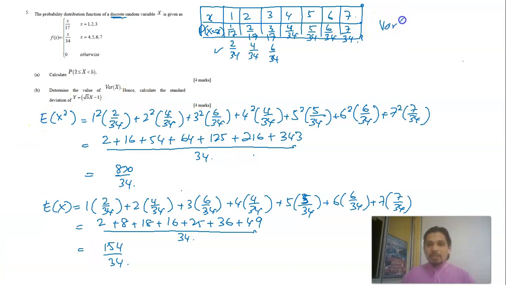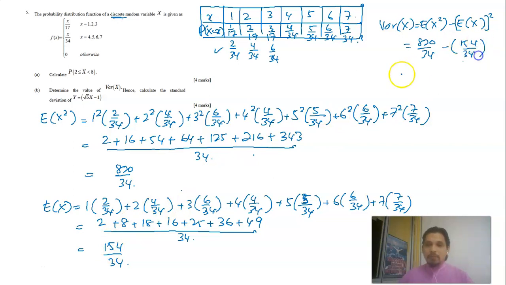Okay, so variance of x equal to E of x squared minus E of x in brackets squared. So E of x squared here is 820 divided by 34 minus E of x, 154 divided by 34.